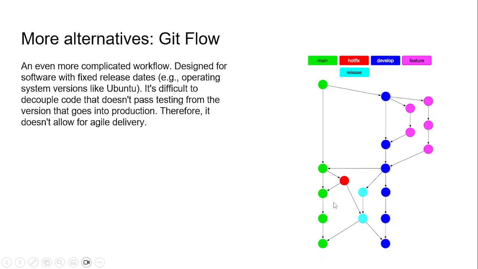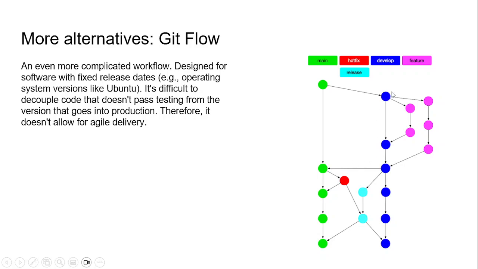There's also Git Flow, which is an even more complicated workflow designed for software with fixed release dates, for example, operating systems like Ubuntu. It's difficult to decouple code that doesn't pass testing from the version that goes into production. Therefore, it doesn't allow for agile delivery.